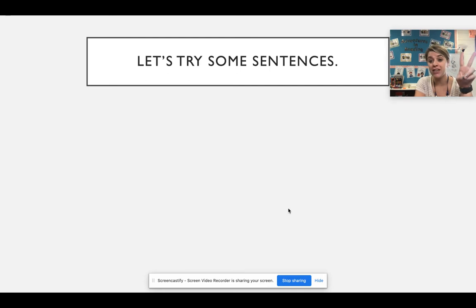All right, let's move on to our sentences. We are going to write 2 of them today. One of them is going to practice our phonics skills. The other sentence is going to practice our red words, okay? So here we go.